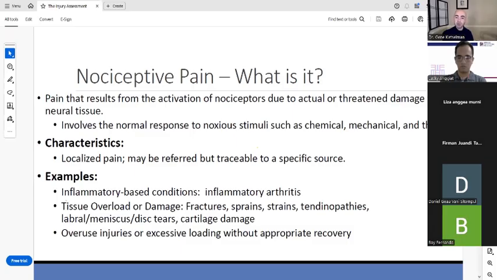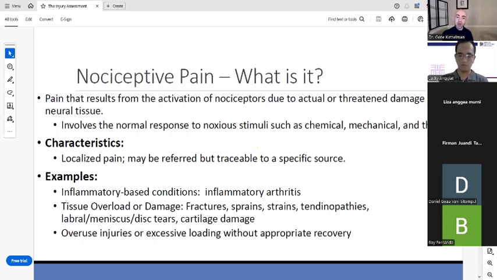So these could be your inflammatory arthritis conditions, whether that's osteoarthritis that is inflammation-based, but also things like rheumatoid arthritis, psoriatic arthritis. It could be other inflammatory conditions like ankylosing spondylitis. So all of these types of inflammatory-based conditions. We also have conditions that involve tissue overload or damage.